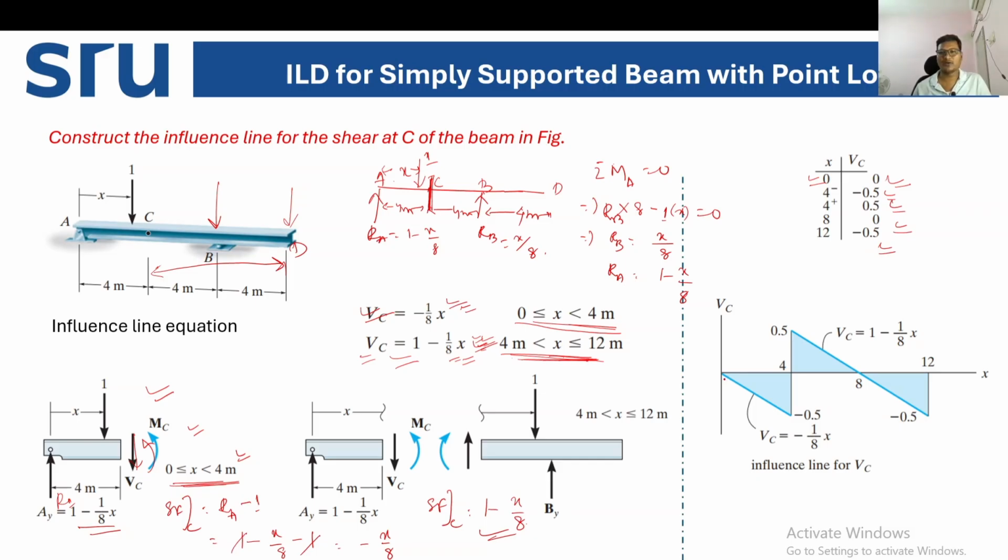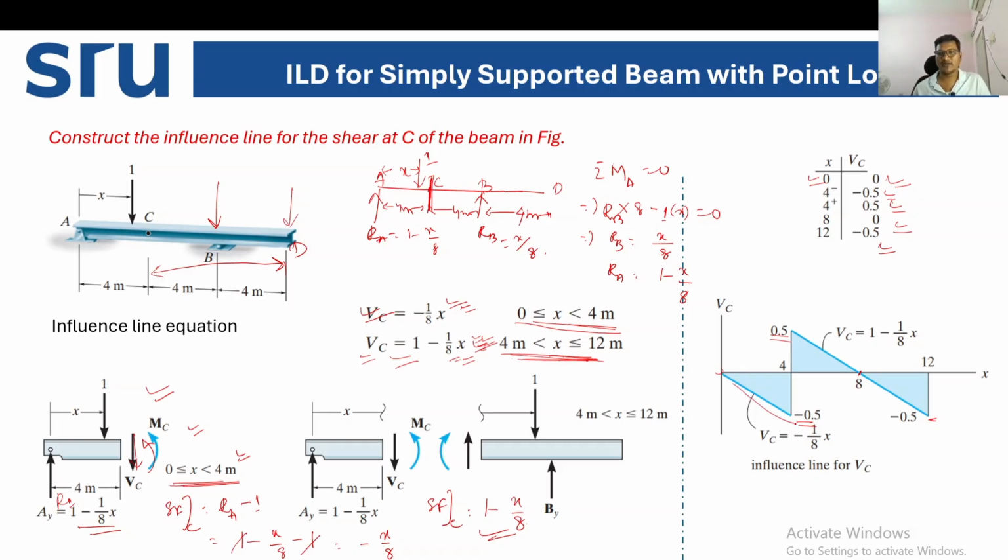So now we'll plot the influence line diagram. Here it is 0, here it is minus 0.5, the C right it is 0.5, when x is equal to 8 the value is 0, and when x is equal to 12 the value is minus 0.5.